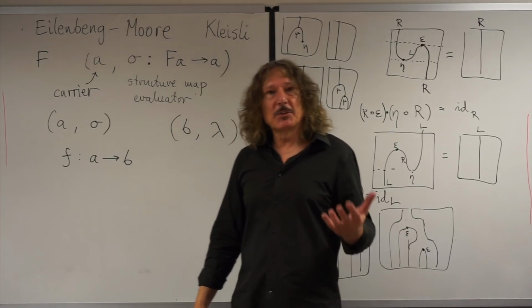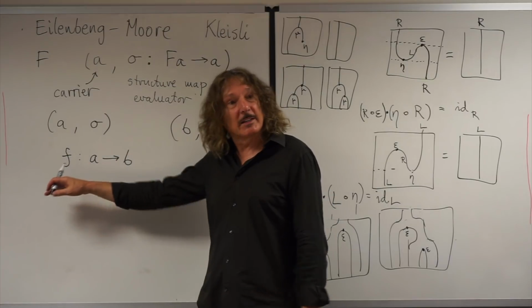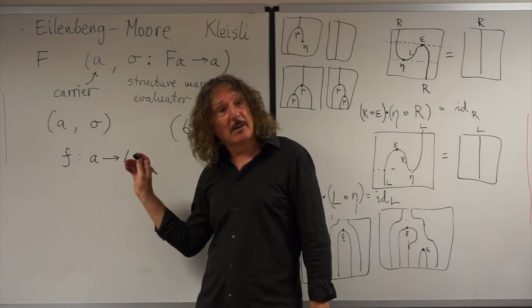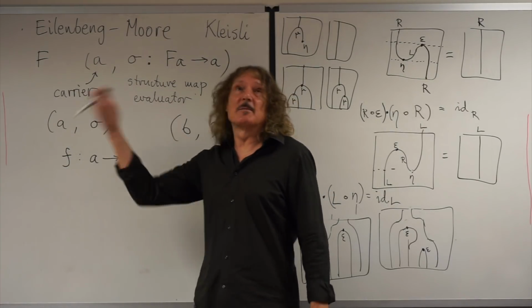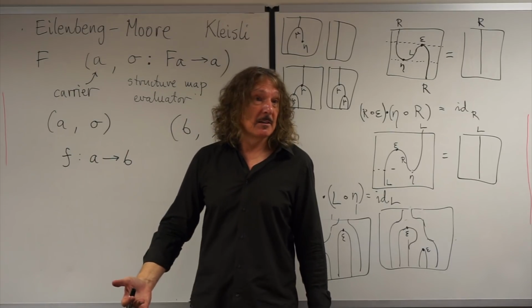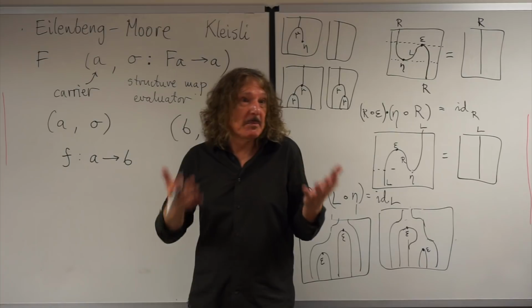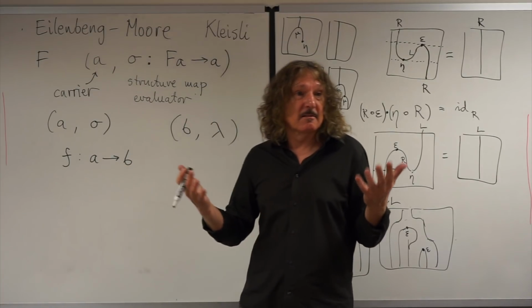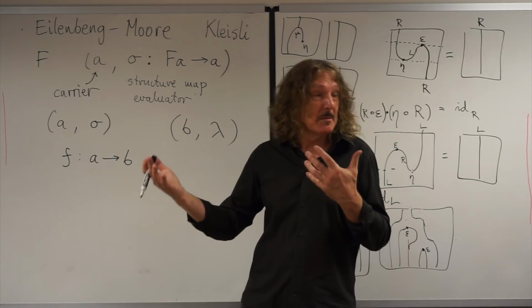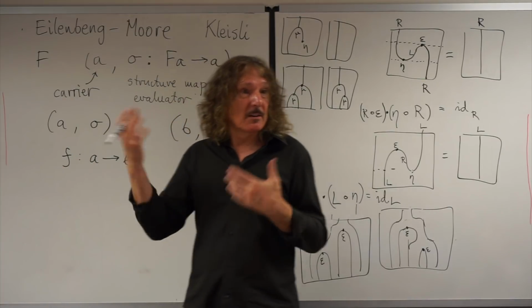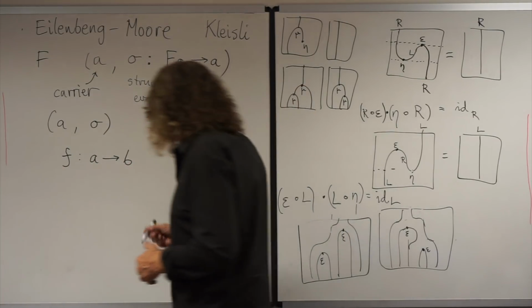So it better be true that if you first evaluate and then map, it should be the same as first mapping and then evaluating, right? That is what preservation of structure means, that it doesn't matter whether you first map and then do something, or do something and then map.